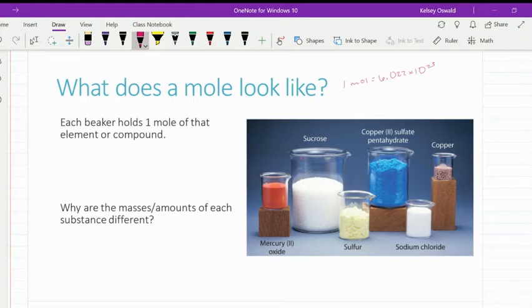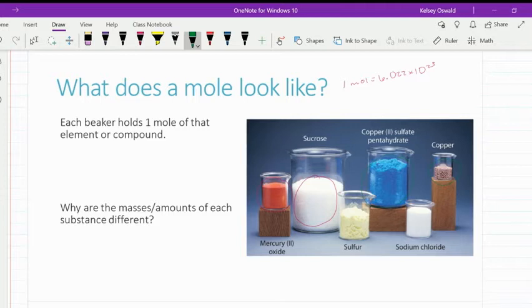So if we notice, our mole of mercury 2 oxide is a lot smaller than our 1 mole of sugar. Likewise, our mole of copper is a lot smaller than our mole of copper 2 sulfate pentahydrate.